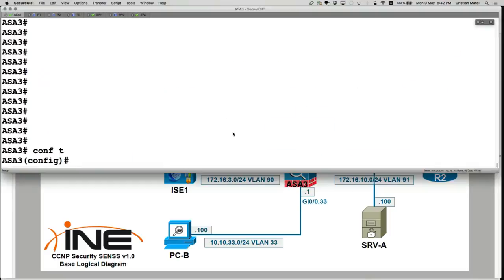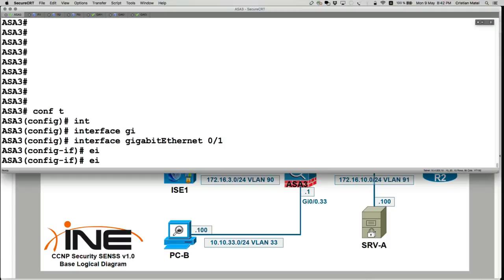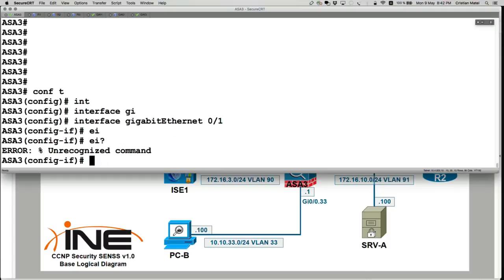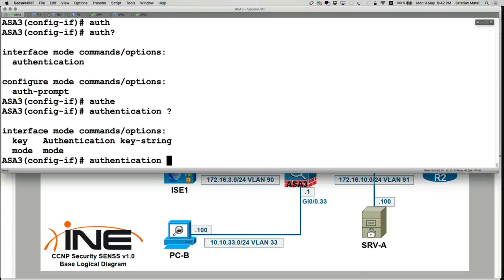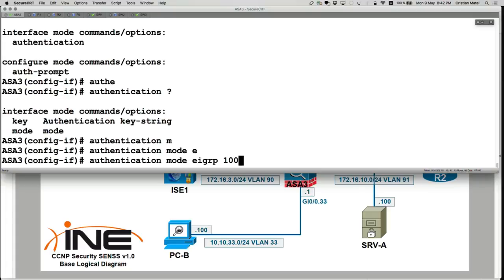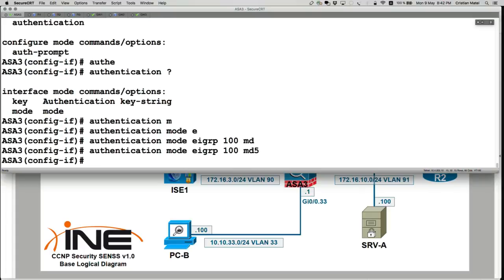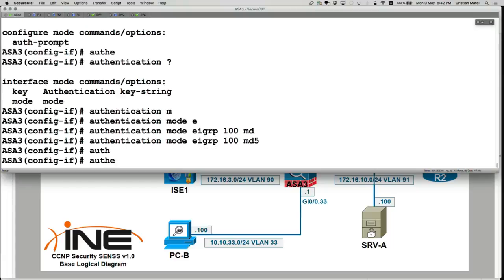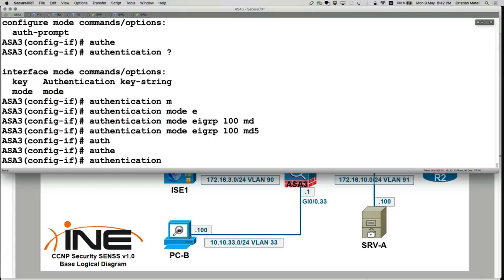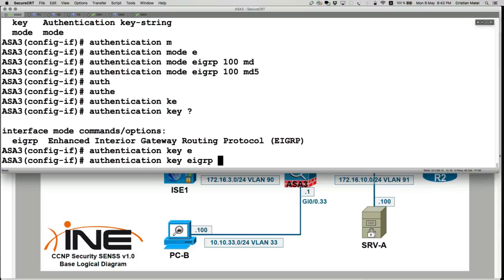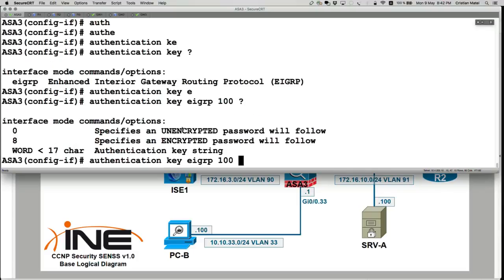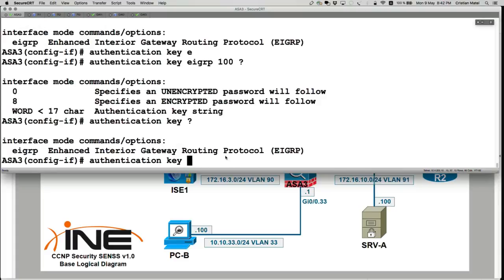which is Gig0/1, and we say eigrp authentication mode eigrp 100 md5. So it's the same command but without the ip keyword. Then authentication key eigrp 100, and we define the key number.